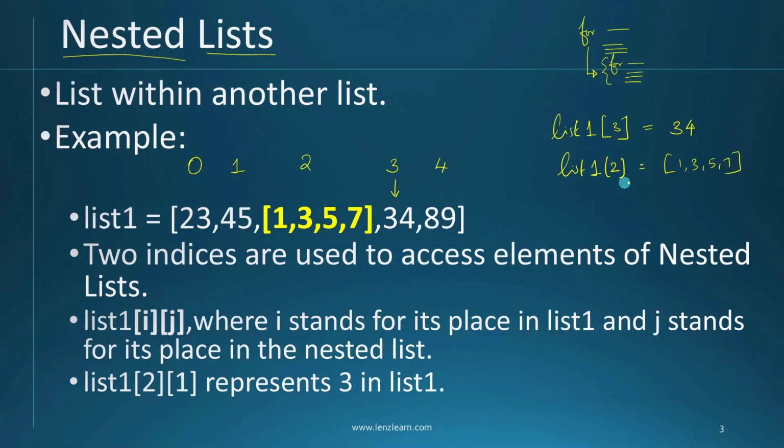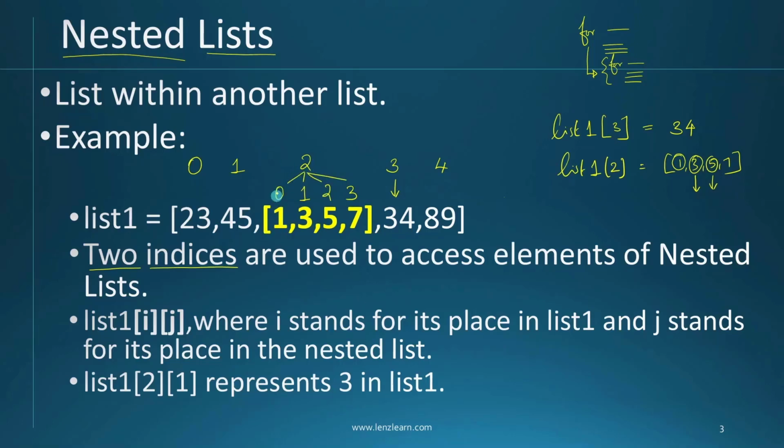But what if you have to extract individual elements of this list? You want to get this 3 alone or this 5 alone. In that case, you have to go with 2 indexes. Inside this index 2, again, we have a sub-index for each of the elements inside this inner list. The first element has index value 0, the second element has index value 1, then 2, and 3. And all of these indexes come under index value 2.